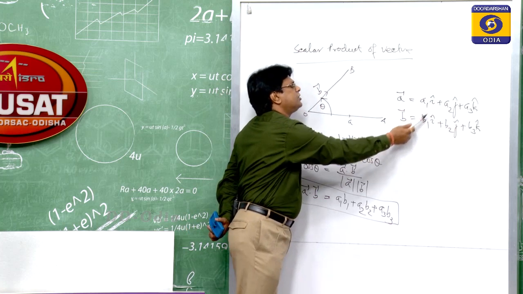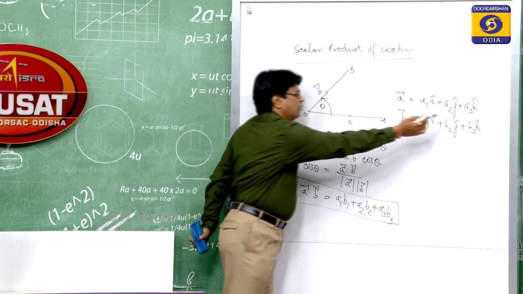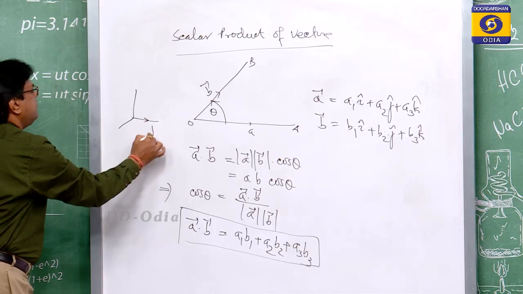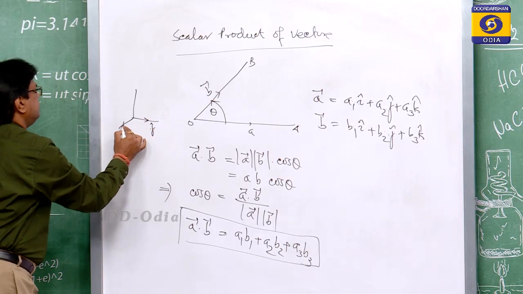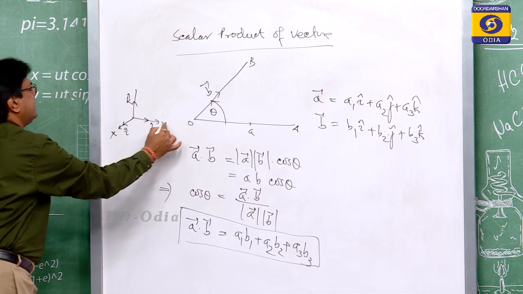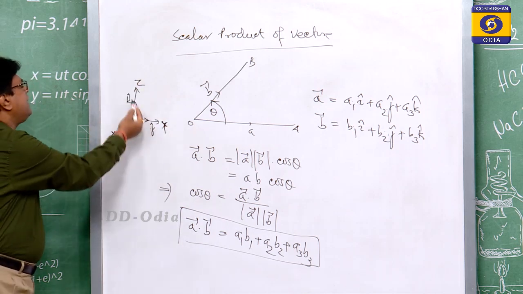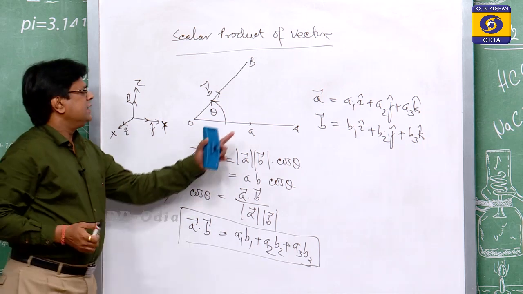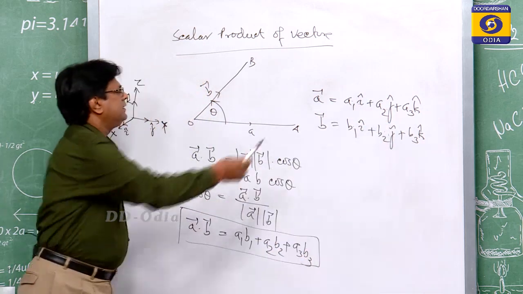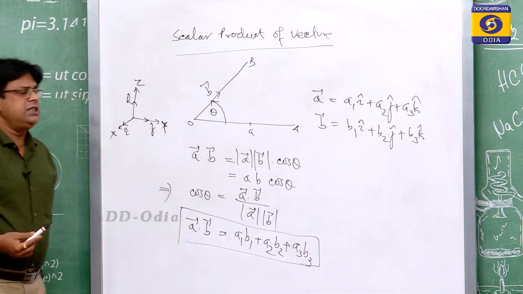Similarly, j dot i is equal to 0, j dot j is equal to 1 and j dot k is equal to 0, because these three i, j, k form an orthogonal triad. This is your x axis, y axis and this is your z axis. These are three unit vectors along the x axis, y axis and z axis. That is why i dot i is 1, j dot j is 1, k dot k is 1, that is why A1 B1, A2 B2, A3 B3. So, A dot B is equal to this.